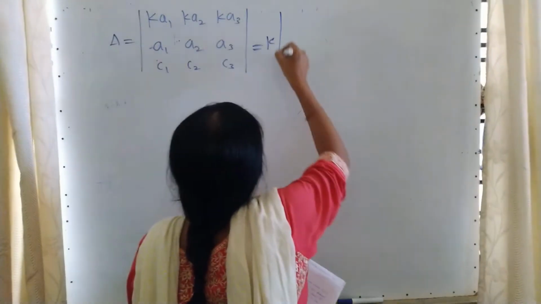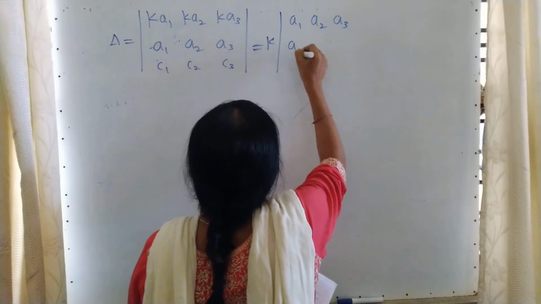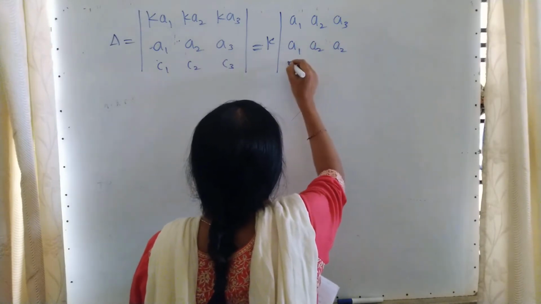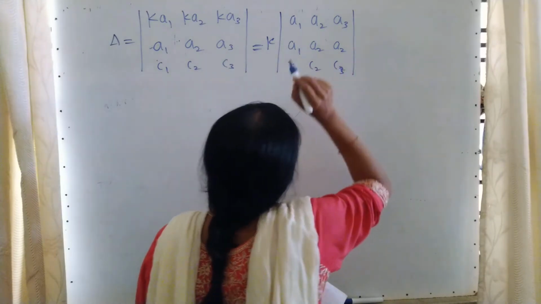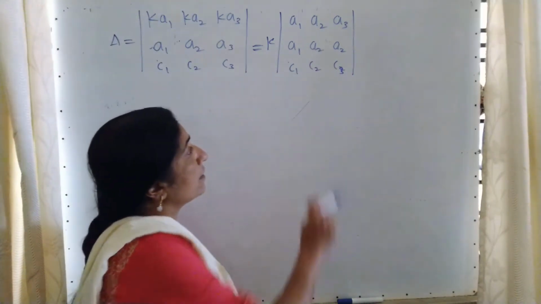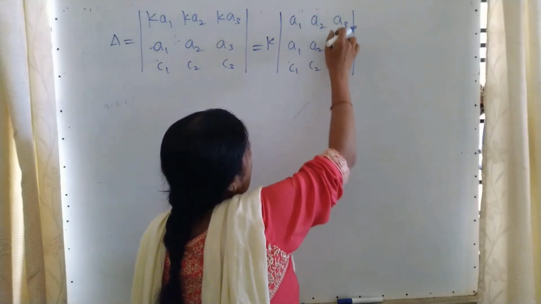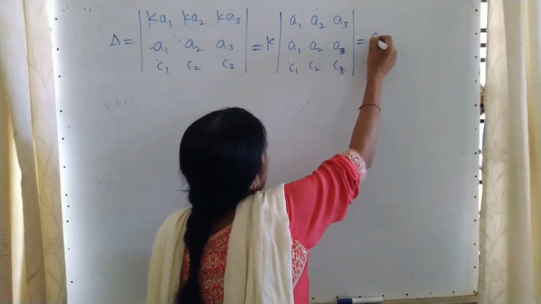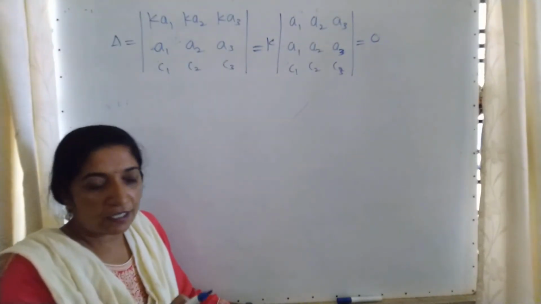K common, what is remaining? A1, A2, A3. Second row is also A1, A2, A3. Third row is C1, C2, C3. See now what you are observing? We are observing that the first and the second row are identical. That means the corresponding values are same. If the corresponding values are same, without expansion directly you can say that the answer is 0.